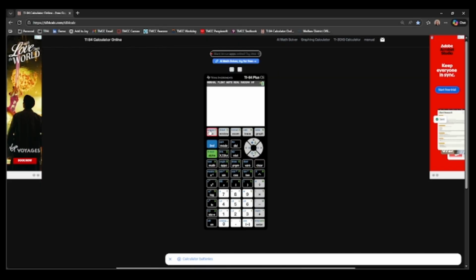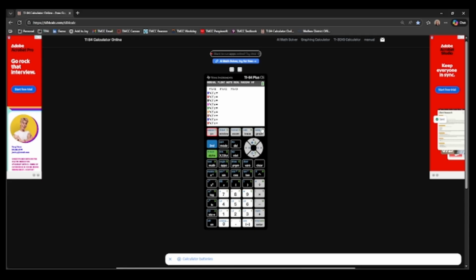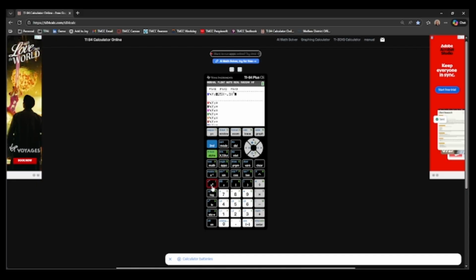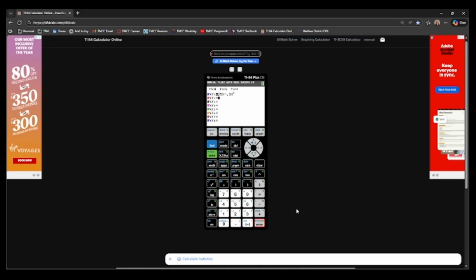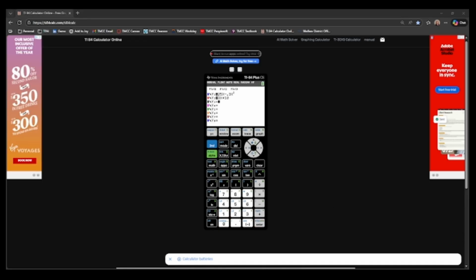All right, go to our y equals, and we want to look at 25x minus 0.3x squared, enter. And then we have 3x plus 10, enter.